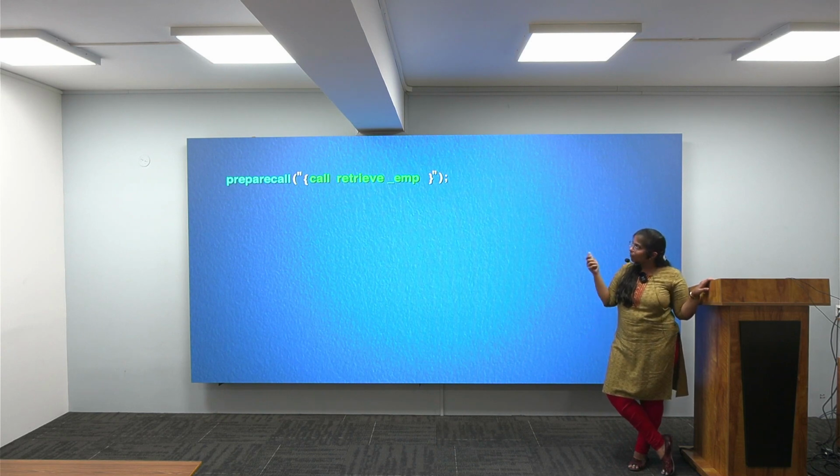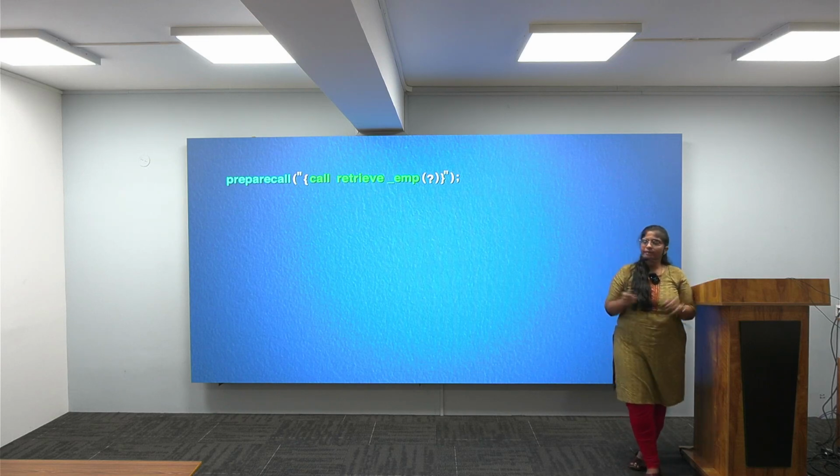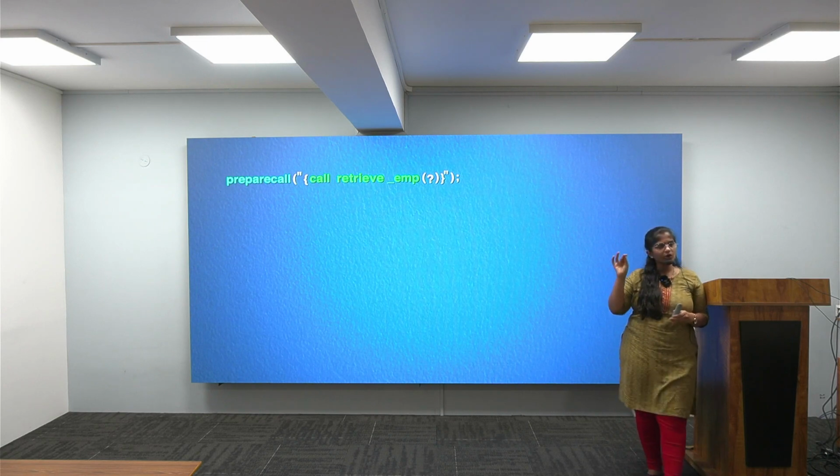How many parameters is it accepting? 1 parameter I am passing. Now, what is the next step? Set the values, whatever the question mark is. Is the parameter input, output, both, or only input? Only input. So what do we need? Only the setters.